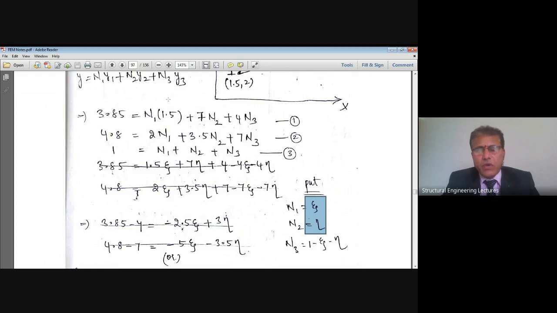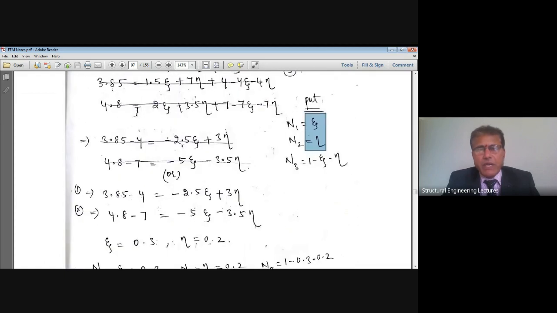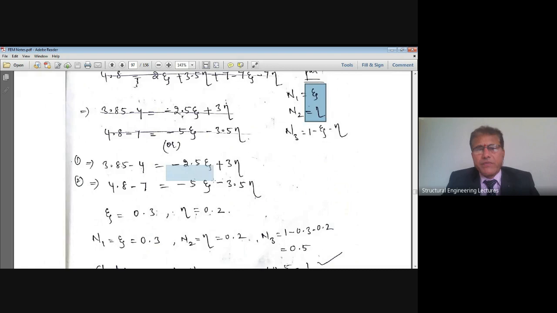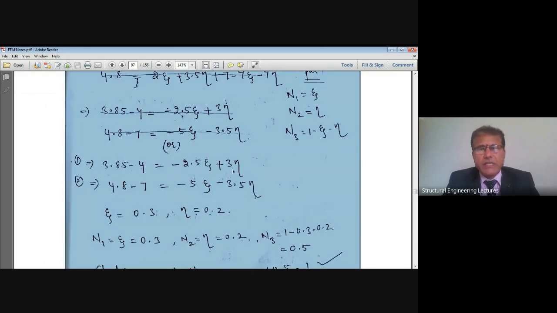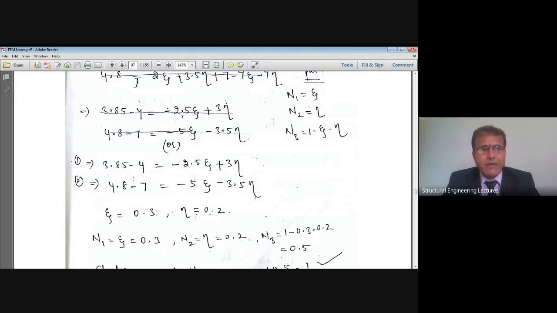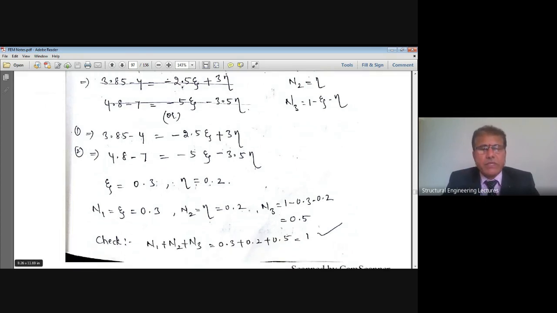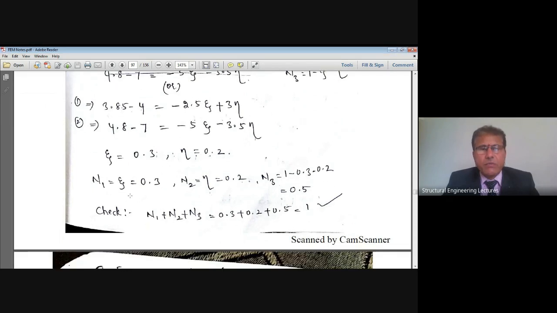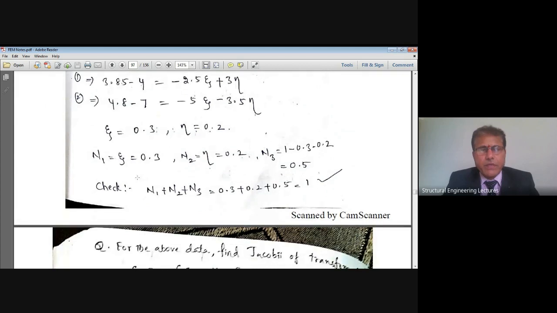Therefore, minus 4 plus 1.5 will lead to minus 2.5 xi, and the other term that is there is plus 3 eta. That is the first relationship. Similarly, the second relationship is 4.8 minus 7 is equal to minus 5 xi minus 3.5 eta. Solving these two equations, we get xi equal to 0.3 and eta equal to 0.2.